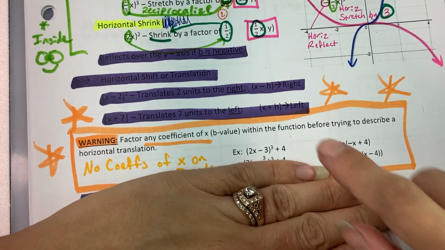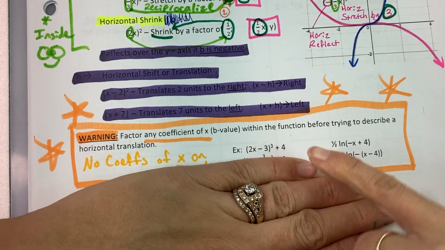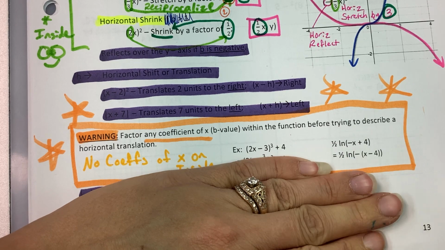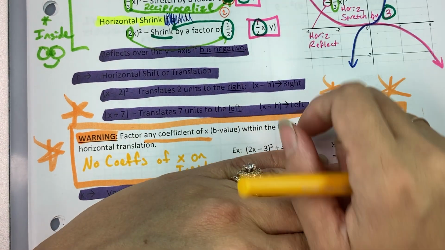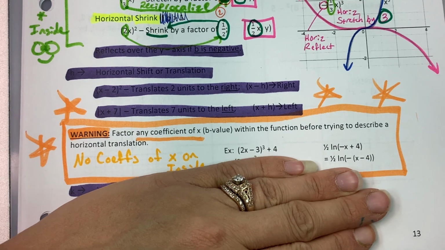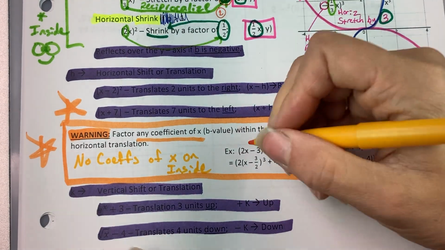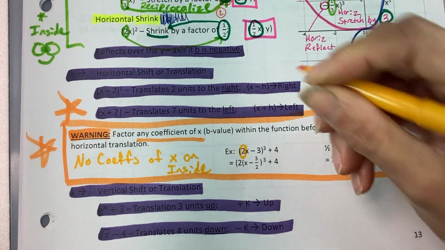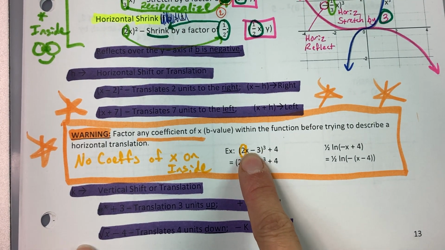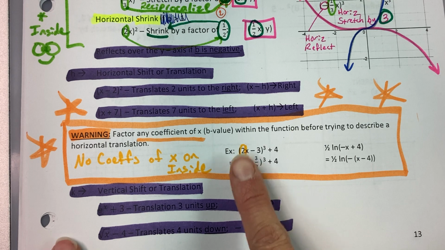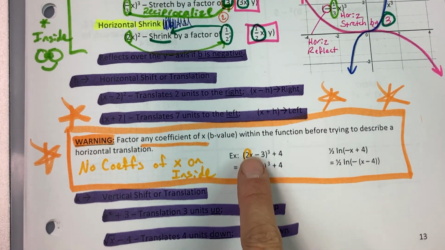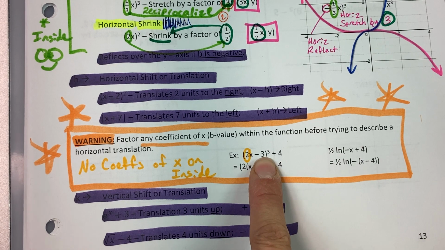So if I look at this example, we can see that the 4 is going to move our function up 4. And the tempting thing is to look at that -3 and say, oh, our function's going to move to the right 3 units. But because this x has a coefficient in front of it, before we can describe this sliding transformation, we have to factor out that 2 from both the x and the -3.